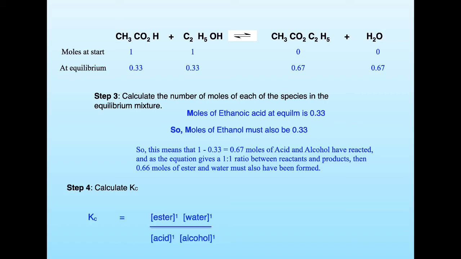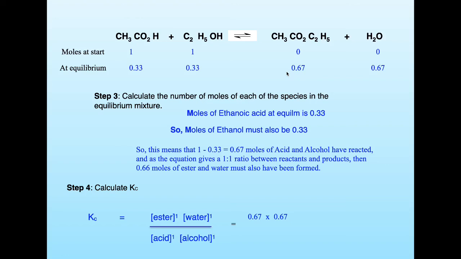So Kc is the concentration of the ester times the concentration of the water, over the concentration of the acid times the concentration of the alcohol. Okay, great. Now, you will be asking yourself, how come this is a concentration when it's really just a number of moles? How can we call this a concentration if it's just a number of moles?